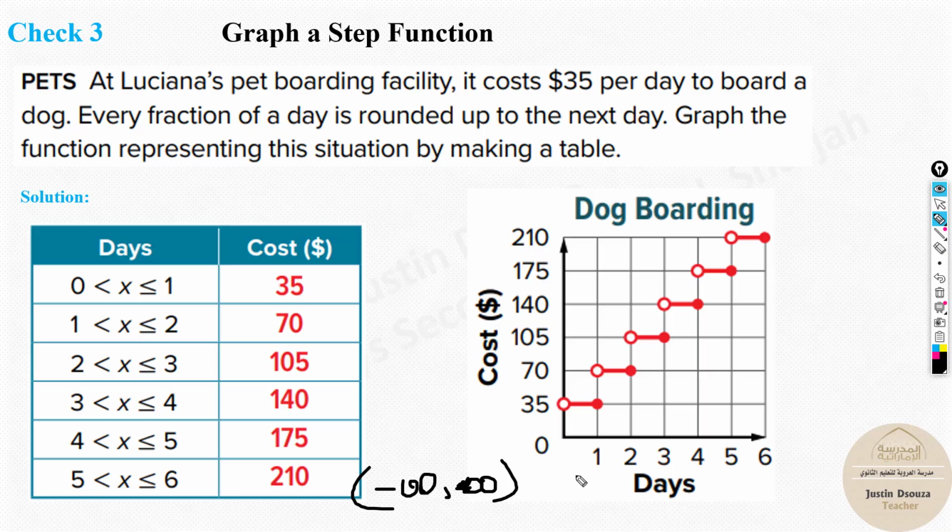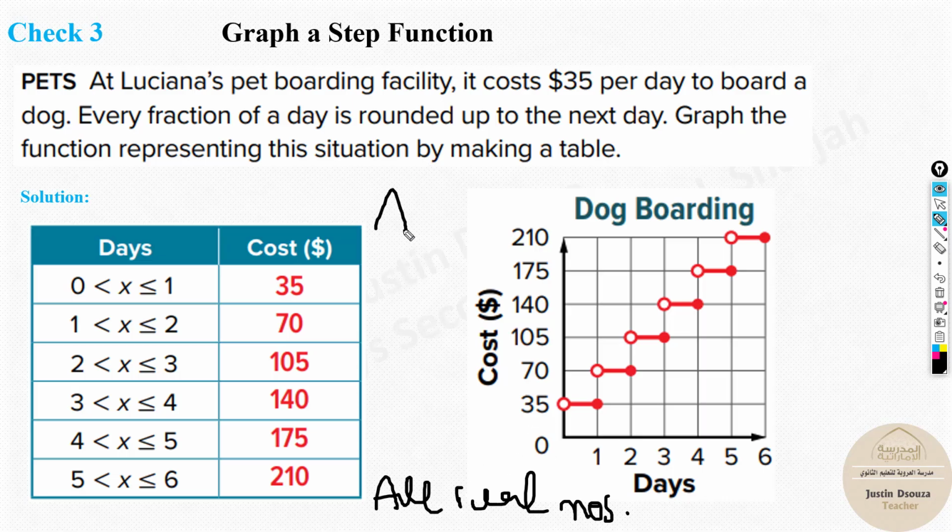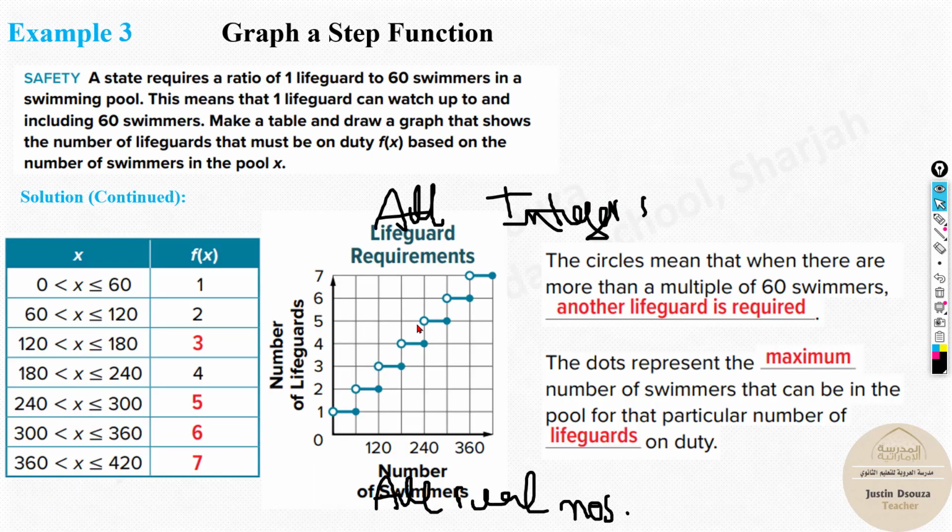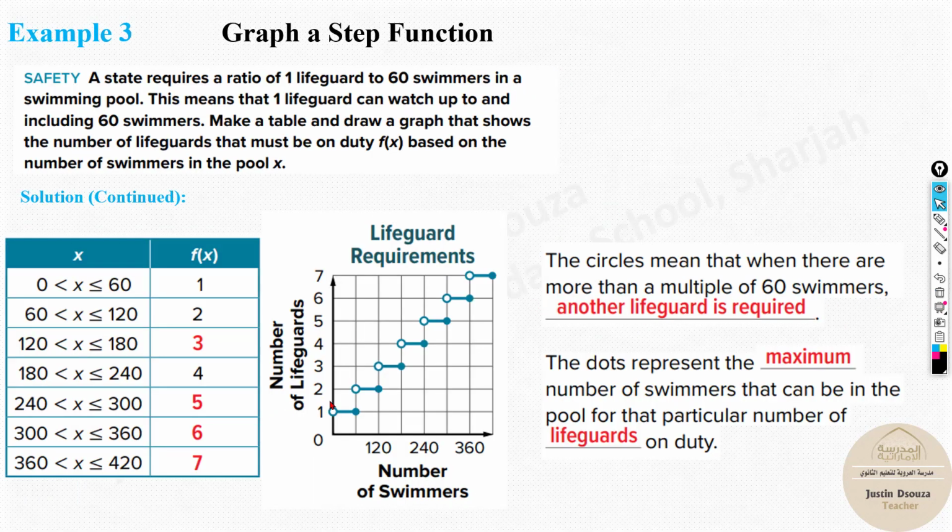What about the range? Step functions go from minus infinity to plus infinity even on the y-axis. So do I just write all real numbers? Is this correct? No. This is the domain but not the range. All integers is the range. Why? Because look over here, in the previous problem, it's the best example. You're not taking 1.5.